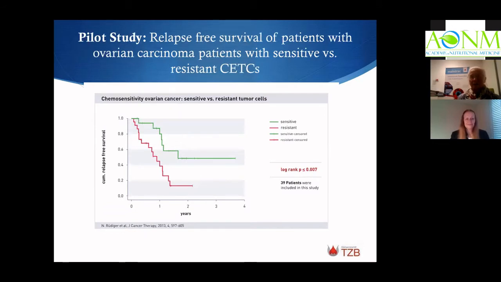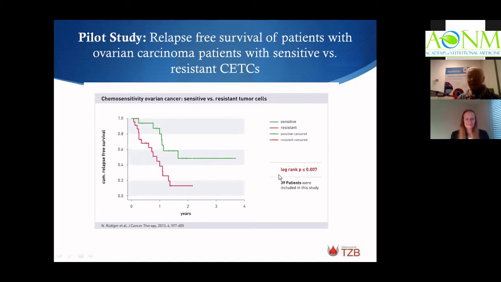We then looked at how conventional agents look clinically. And what we saw was that patients whose cells are sensitive to certain drugs, this is a drug combination, in our in vitro assay survive much better relapse-free.